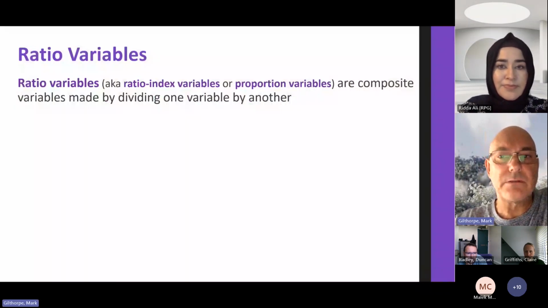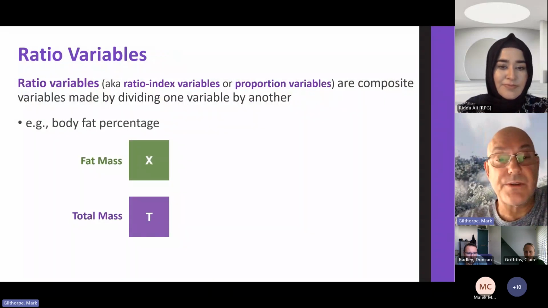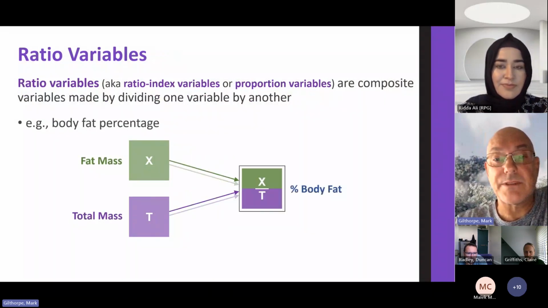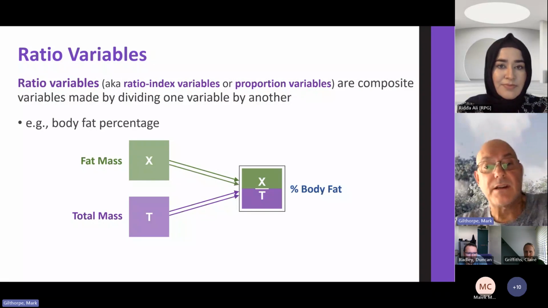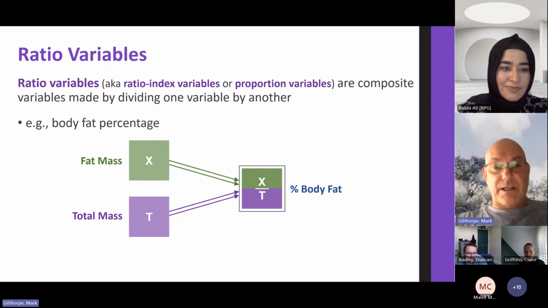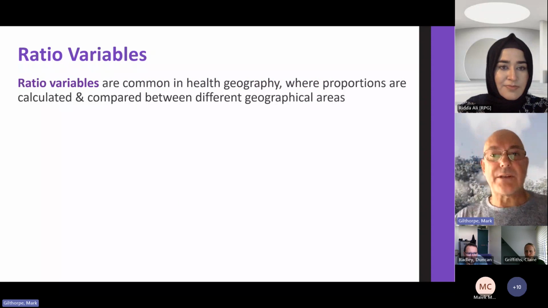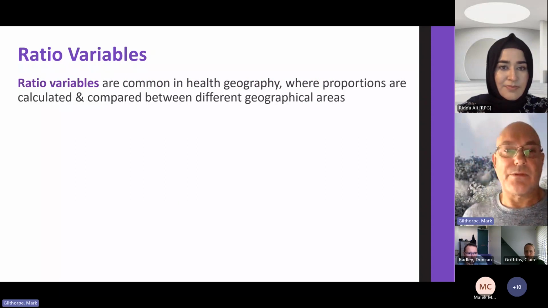So a ratio variable is a very simple construct, and indeed a simpler version than BMI is looking at percentage body fat. So it seems harmless enough to actually create a percentage or create a ratio in this situation. But the problem occurs where we examine quite a lot of proportions together.